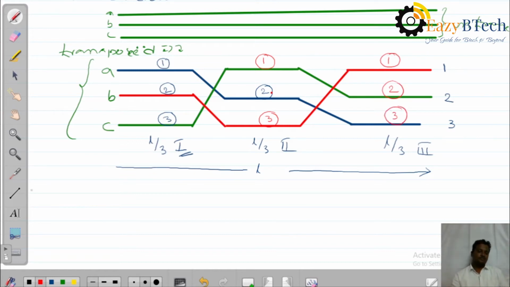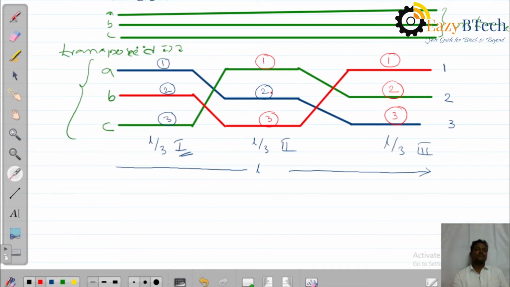Observe here: A is at position 1 in the first interval, position 2 in the second interval, and position 3 in the third interval. B is at position 2, then 3, then 1. C is at 3, 1, 2.